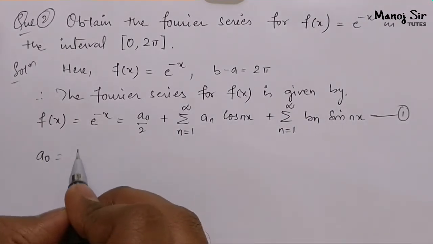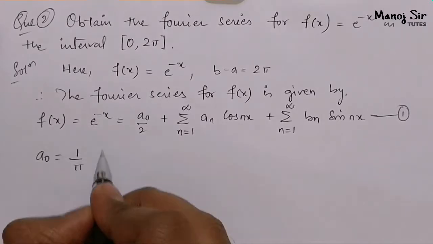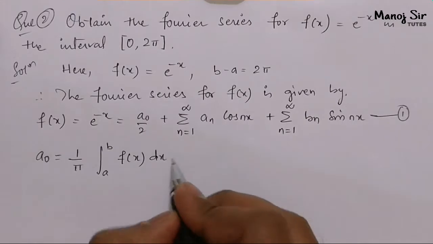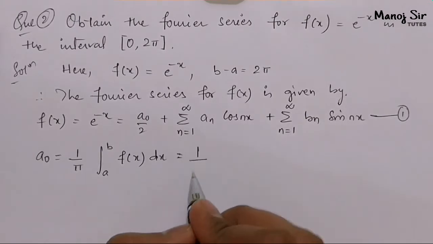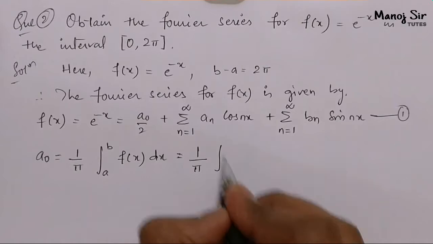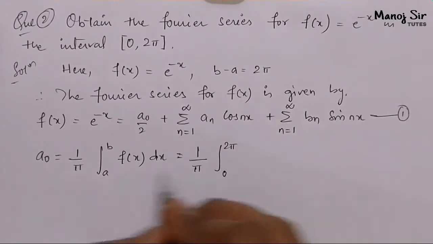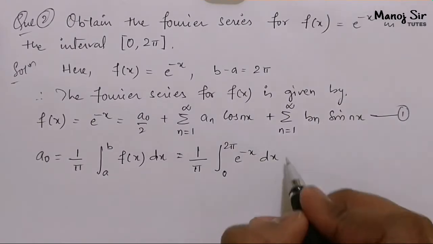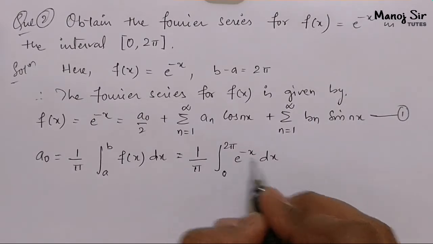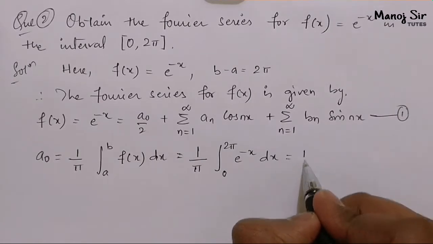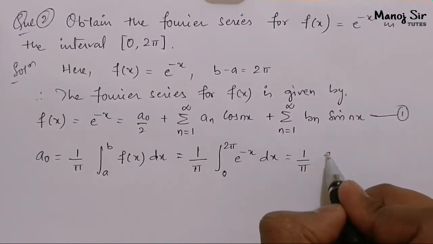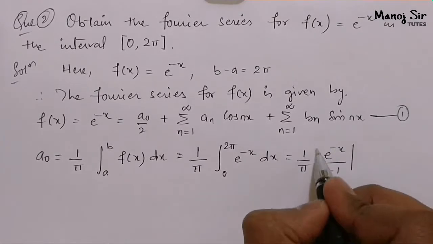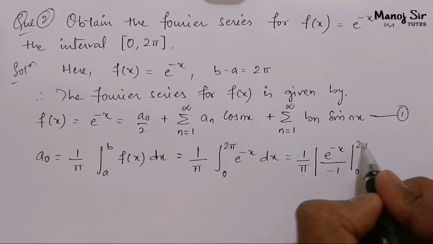a naught equals 1 upon pi integration a to b f of x dx. Now put the values: 1 upon pi, limit goes from 0 to 2 pi, e to the power minus x dx. Integrating e to the power minus x, you will have 1 upon pi e to the power minus x upon minus 1, limit 0 to 2 pi.